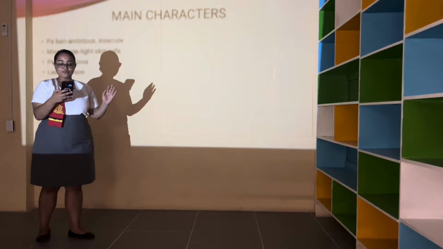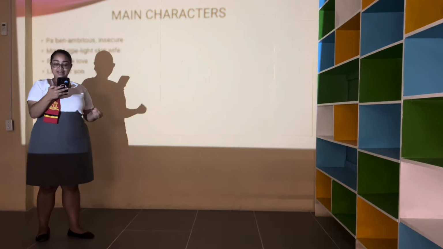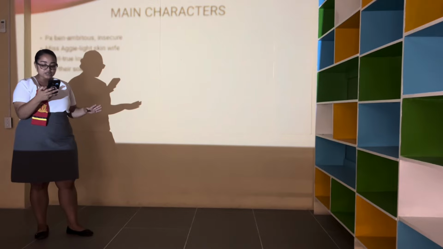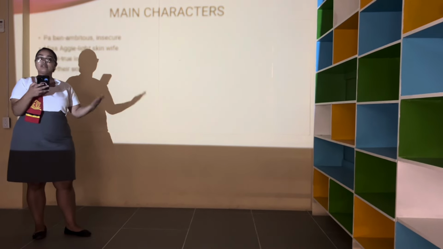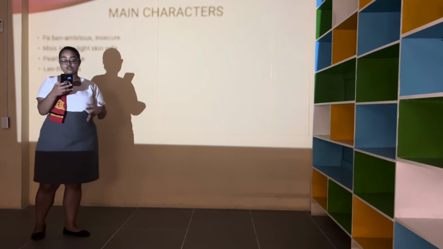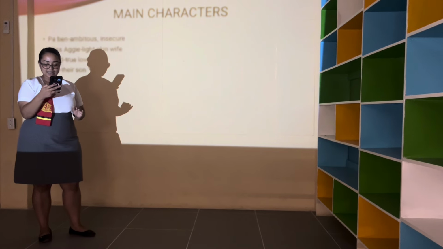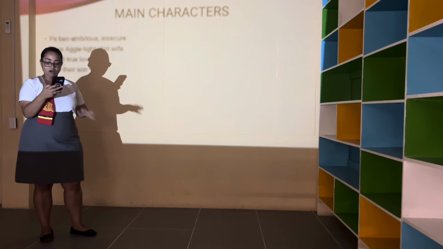The play also focuses on their son, Len, who grows up caught between his parents' expectations and the reality of his own identity. Through Len's experience, the play highlights the lasting impact of color.